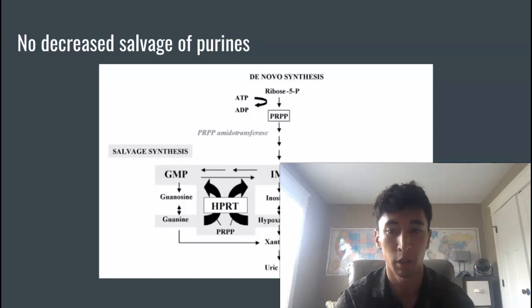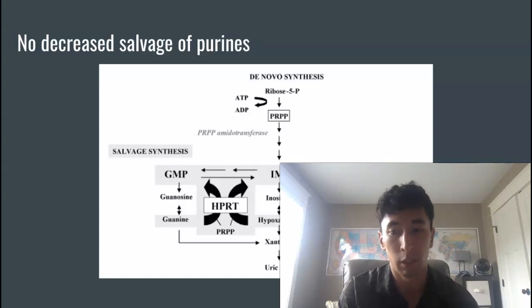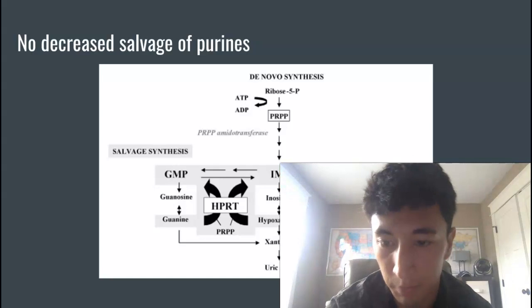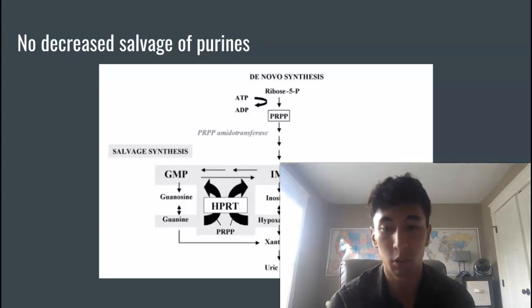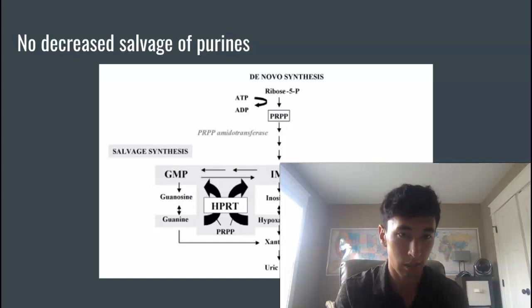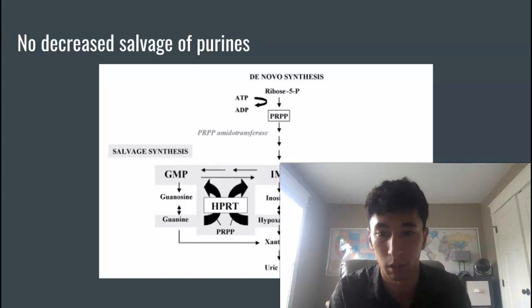Another important part of the purine metabolism is the de novo purine synthesis pathway and the enzyme PRPP aminotransferase. PRPP is used as a co-substrate with HPRT in the salvage synthesis, ultimately from purine bases, hypoxanthine and guanine, kind of as talked about above.